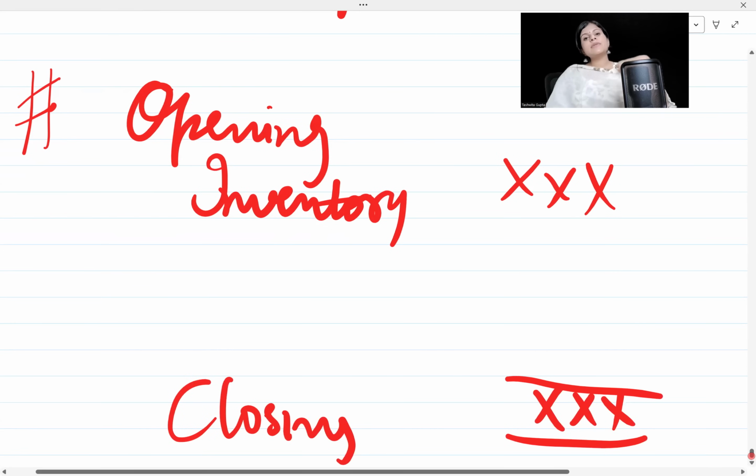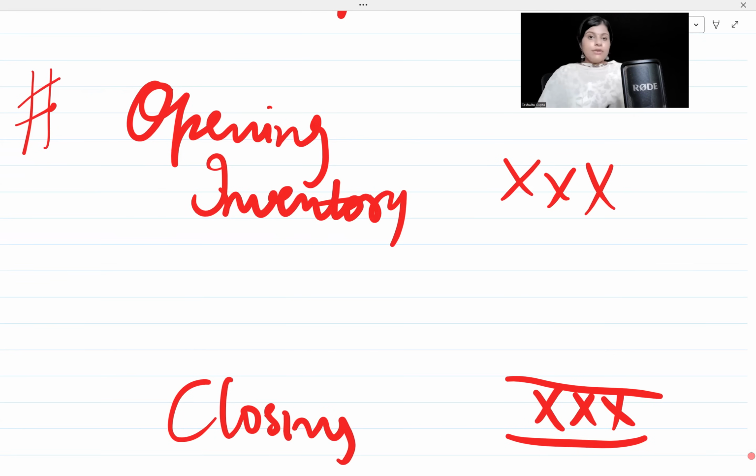If that inventory increases, we say it's an outflow because you bought an asset. If the inventory decreases, we say we sold an asset, so that's an inflow. Now here, guys, if you have acquired a subsidiary during the year or disposed of a subsidiary during the year, the results of that acquired subsidiary are there in the closing balance but not there in the opening. So they are not like for like.